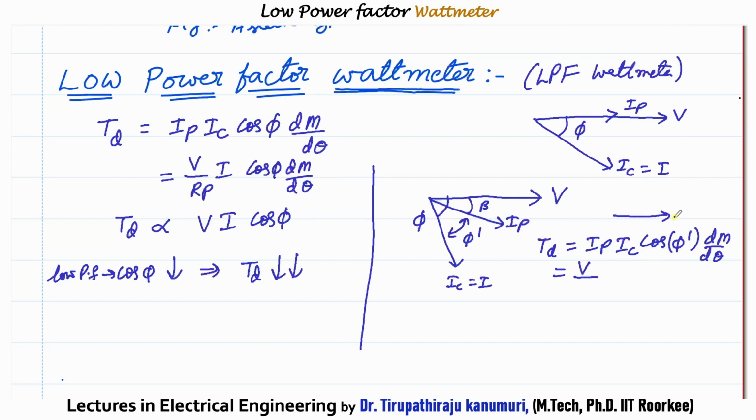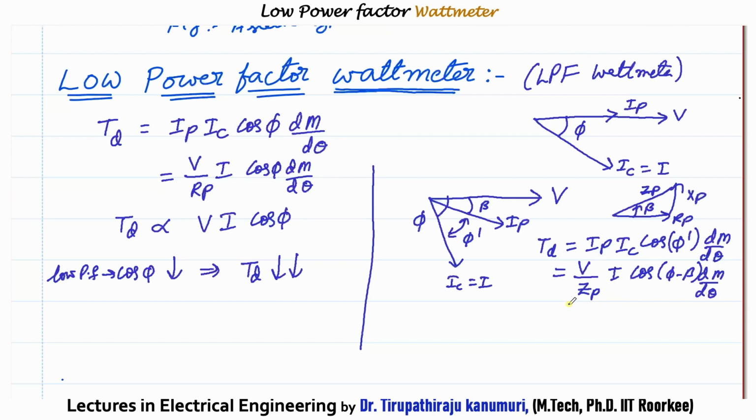Impedance has two parameters, Rp and XP, the reactance of the pressure coil, with angle beta, so this will be ZP. So V divided by the impedance of the pressure coil, into IC, which is I cos phi dash. Phi dash I can write as phi minus beta, so this is cos of phi minus beta into dM by d theta.